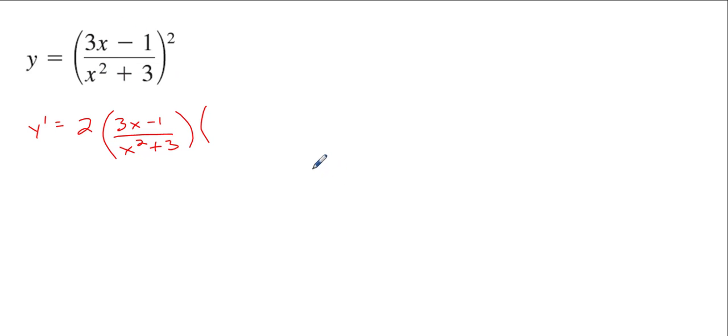Let's find the derivative of a quotient. Low d high, derivative of the upper function is 3, minus high d low, 2x, all over low squared.